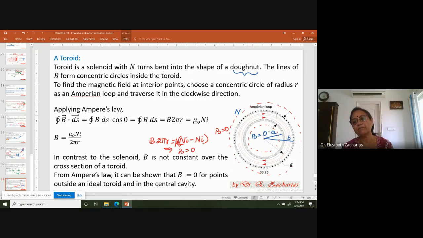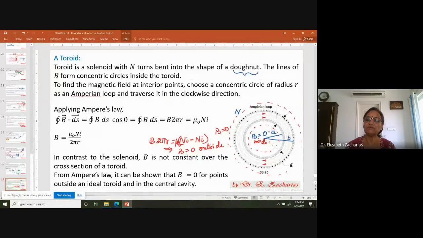There are N number of turns coming out of the screen and N number of turns going inside. If one of them is positive, the other is negative. Therefore, the net current through the loop is zero. So you can say that B is equal to zero outside and B equal to zero inside.